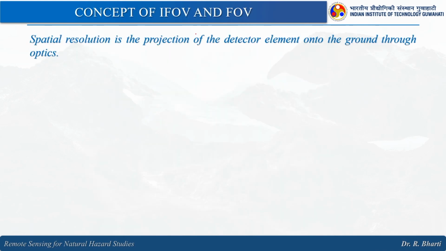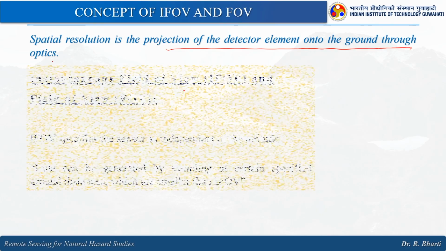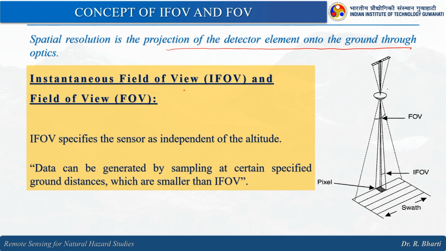Now, the concept of IFOV and FOV. Spatial resolution is the projection of the detector element on the ground through optics, right. So, here if you remember this diagram, this one detector is looking at this particular area on the ground, right.